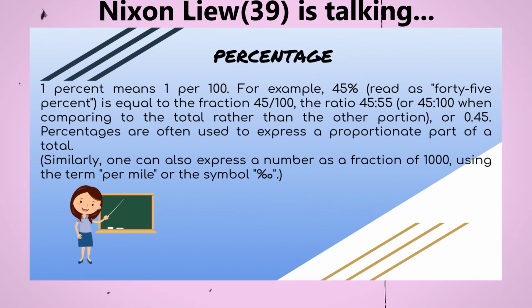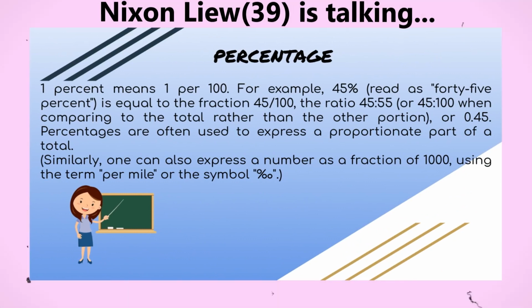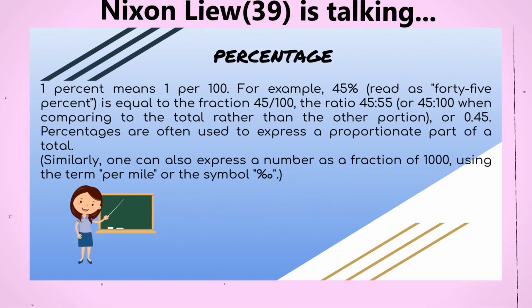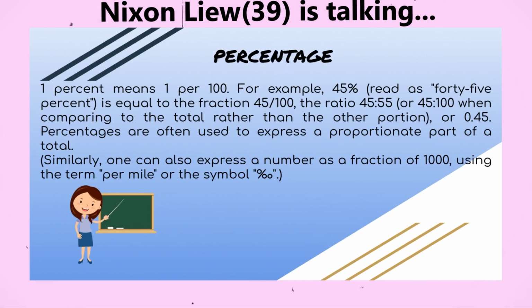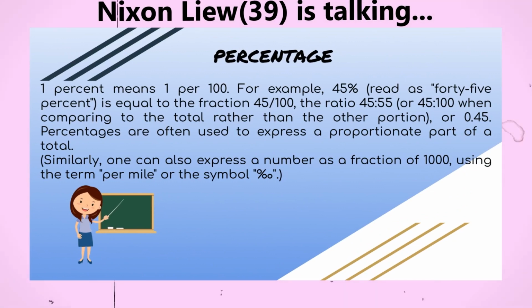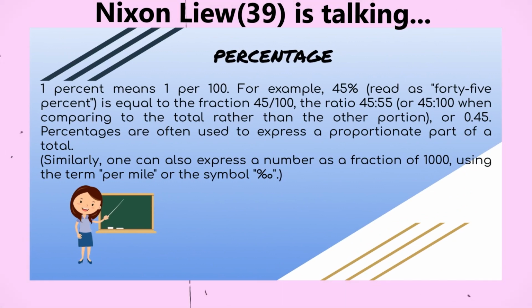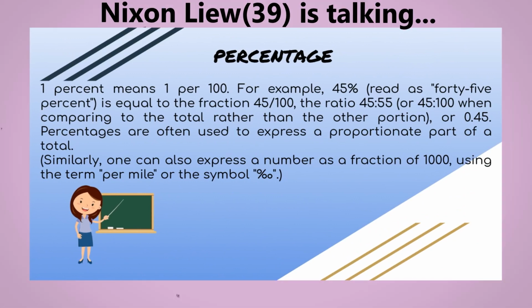1% means 1 per 100. For example, 45% is read as 45 percent, and is equal to the fraction 45 over 100, the ratio 45 to 55, or 45 to 100 when comparing to the total rather than the other portion, or 0.45.